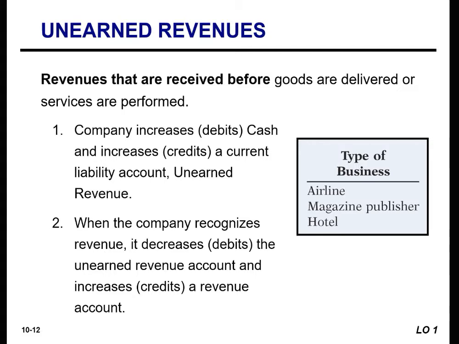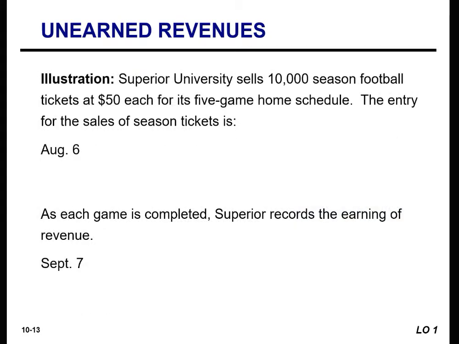Let's just take a quick look at some entries related to unearned revenues. A common unearned revenue is season tickets. You purchase your season tickets at the beginning of the season, but when you do that, the football or the sporting organization has an obligation to provide you admittance to however many games that entitles you to.